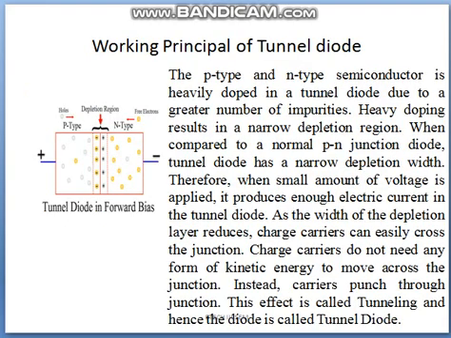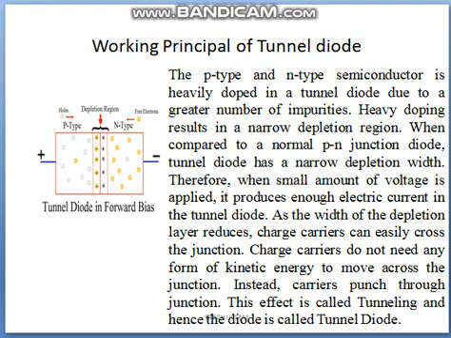Now we discuss the working principle of the tunnel diode. The p-type and n-type semiconductors are heavily doped in a tunnel diode by a greater number of impurities. Heavy doping results in a narrow depletion region when compared with a normal p-n junction diode. Therefore, when a small amount of voltage is applied, it produces electric current in the tunnel diode.